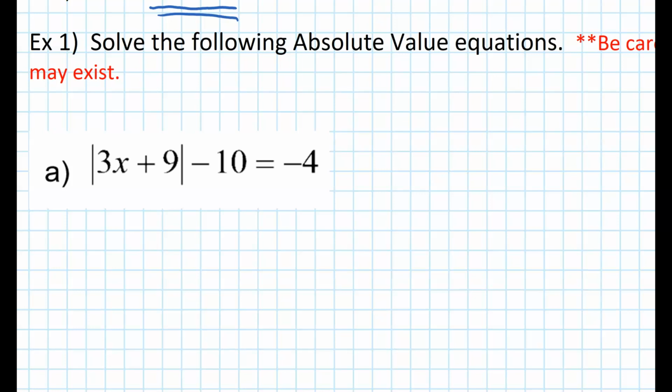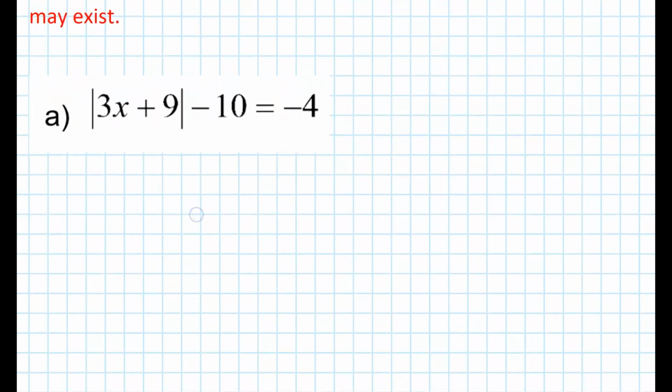Julia. Okay. Move the 10 to the other side. And why do we want to do that? So we can get the absolute value by itself. Get the absolute value by itself. So we're going to move 10 over, which will give us the absolute value of 3x plus 9 is equal to 6.